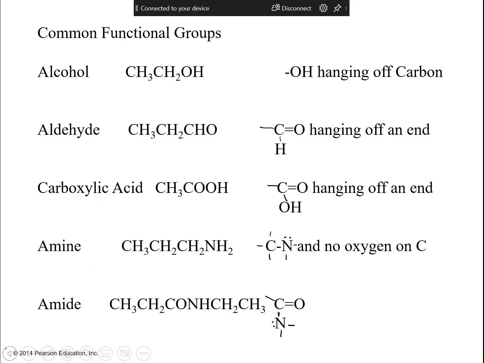are the alcohol containing and the nitrogen containing groups. So these first 3, you have alcohols, aldehydes, carboxylic acids. So in an alcohol, it's when you just have an OH group hanging off of a carbon. And there's nothing else on that carbon except hydrogen. So that's an important way to pick it out.